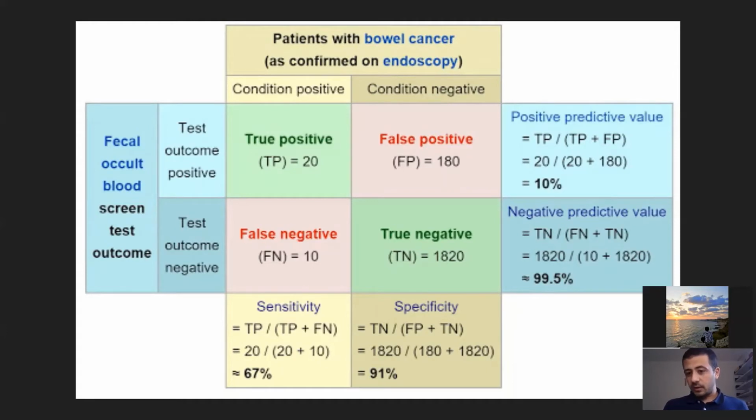Negative predictive value is the other way around. I have a negative test, and how much can I trust this negative test? So it is true negative on everybody who is negative.